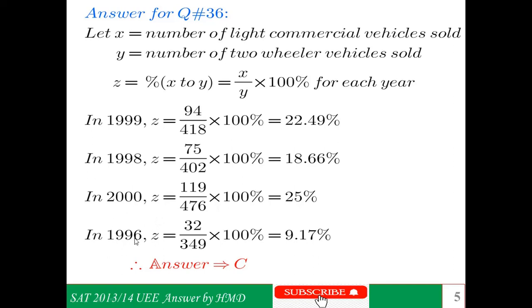Similarly, in 1996, Z becomes 32 over 349 times 100%, and it becomes 9.70%, right? By the way, don't get confused, because the data X and Y are from the table. Whenever you look at it, you should see the table, right?